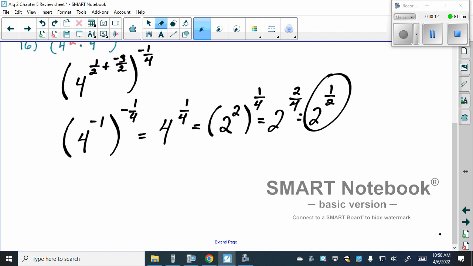So really we could simplify this all the way down to 2 to the 1/2. But the answer key had 4 to the 1/8, which isn't right. That's not the correct answer.